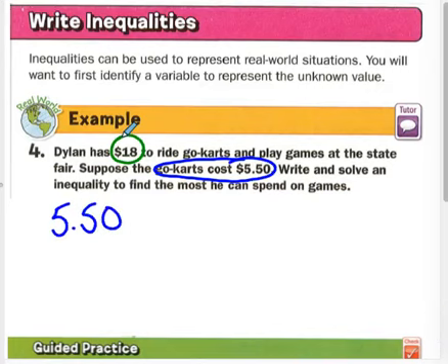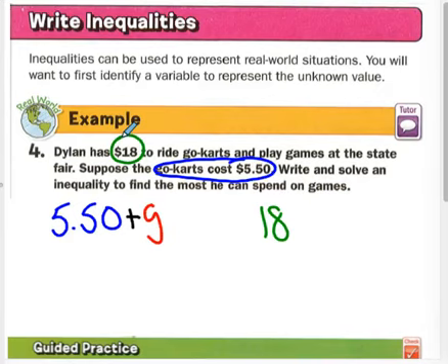All right, the total amount of money he has is $18. What we don't know is how much he can spend on the games. So we'll let the red represent his games with the variable G. All right, so the go-karts plus the games have to be no more than $18, or at most $18.